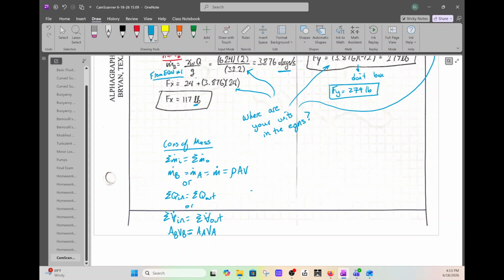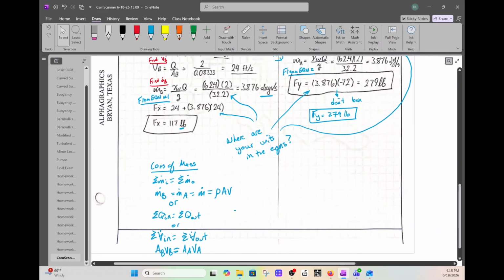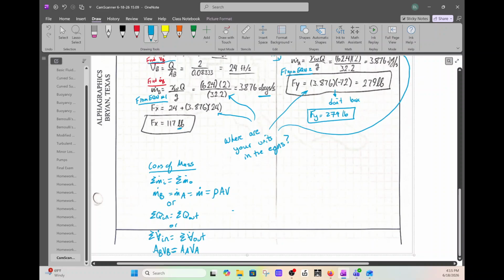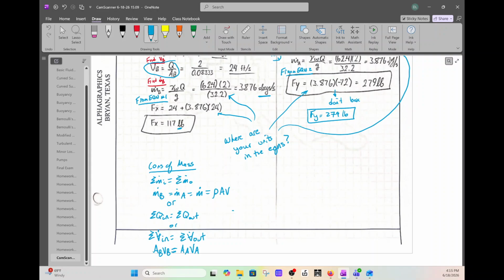So you have the equation right here. See that? That is what V dot is. So Q, or V dot, is AV.